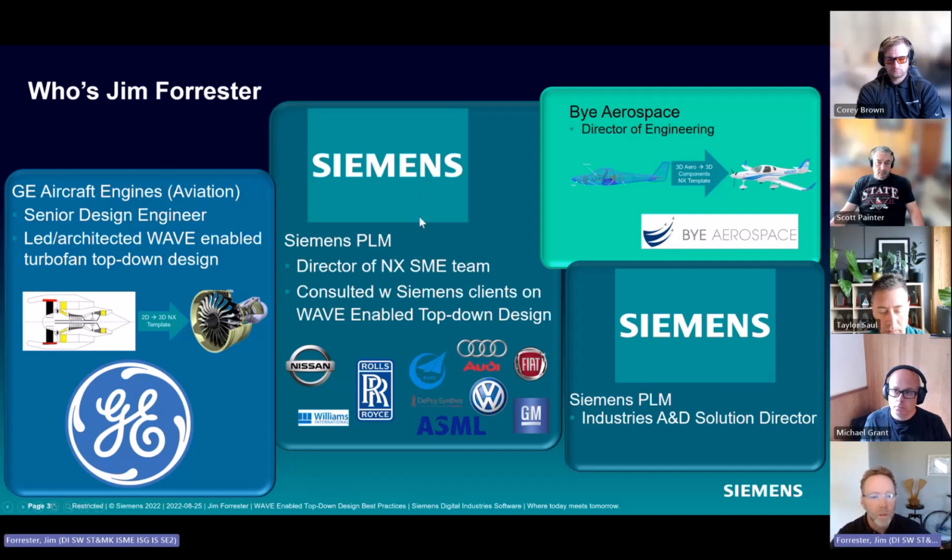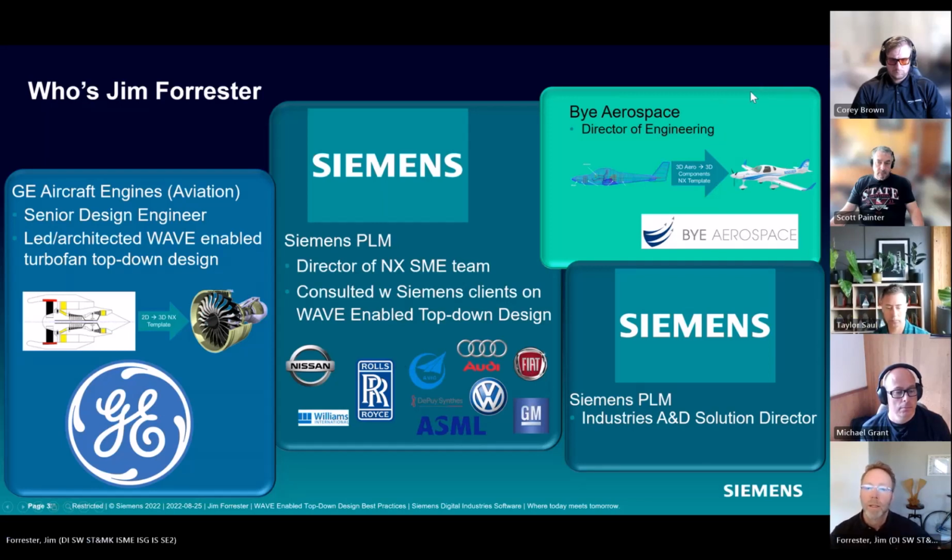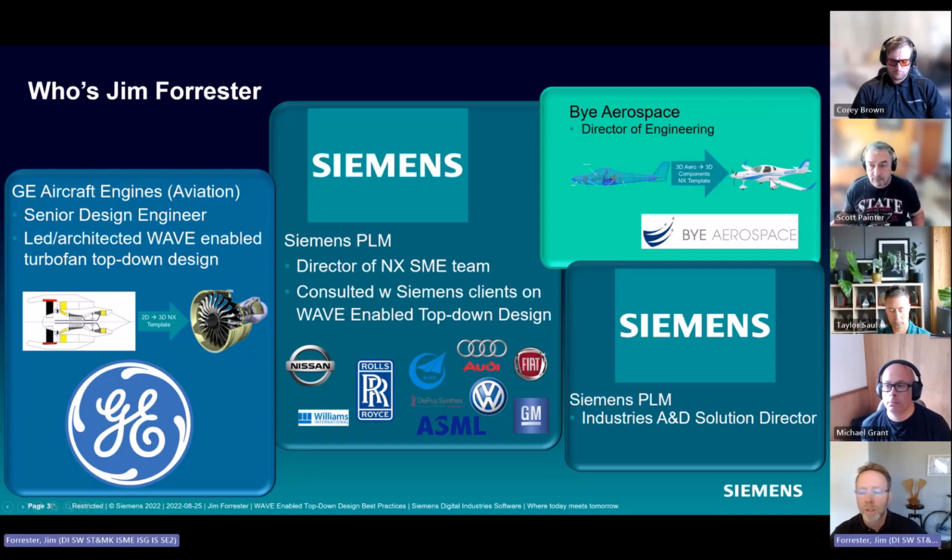I then came to Siemens, essentially consulting on wave-enabled top-down design with clients around the world, some of them being here. I then led the engineering team at Aerospace here in Denver, who are designing and certifying an all-electric plane. And we were able to associate the primary geometry to the detailed geometry.